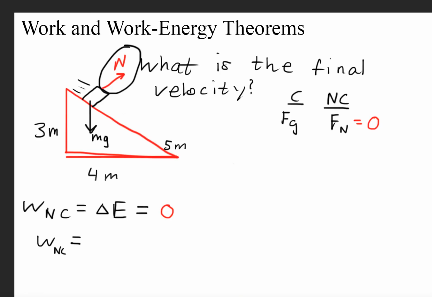And now I'm going to write everything out: delta PE plus delta KE is equal to 0. Now let's analyze and see if we can cancel out anything here.